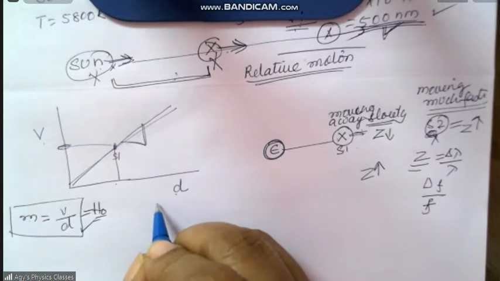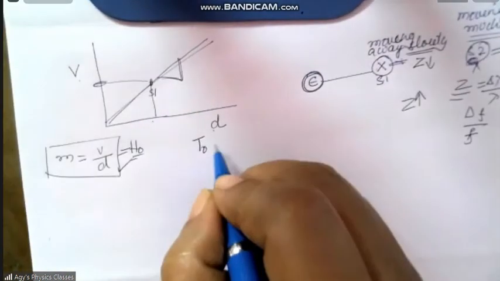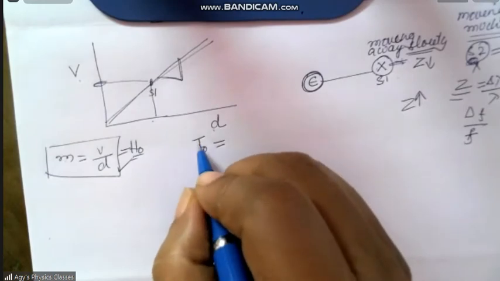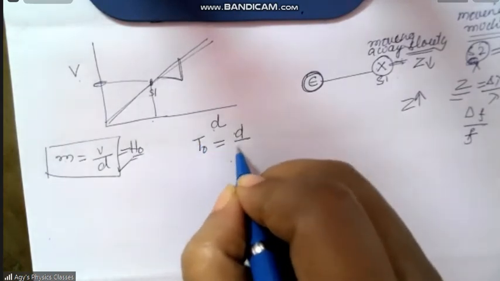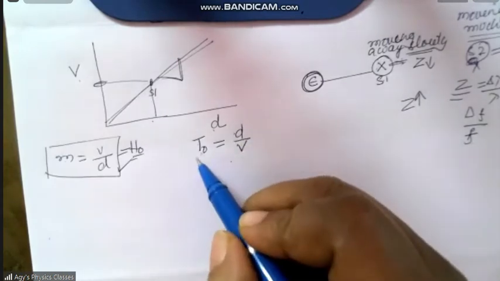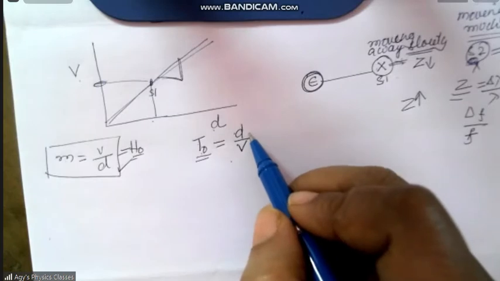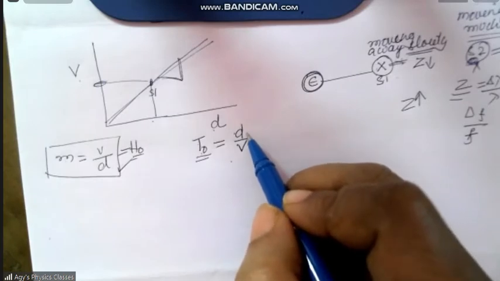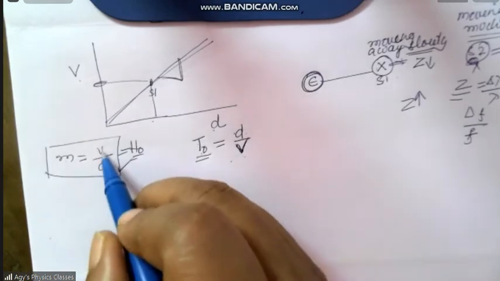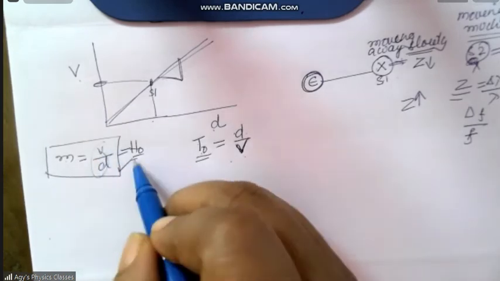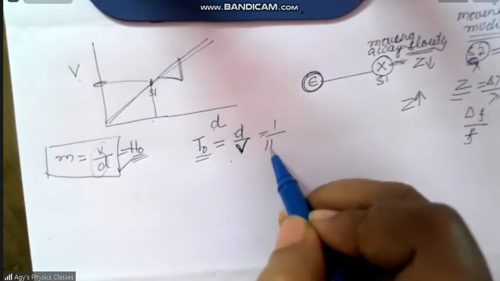If T naught is the age of our universe, then T naught is equal to time, which is distance by speed, D by V. Now V by D is H0, and this is D by V, that means 1 by H0.